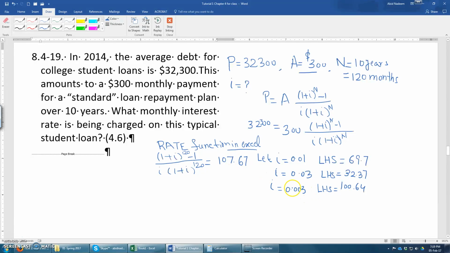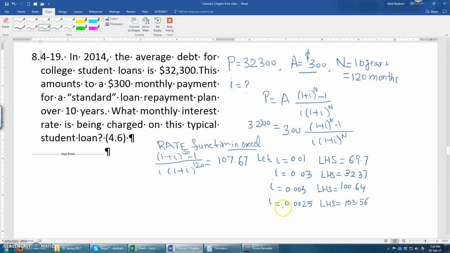So we can say that the interest rate is very nearly equal to this value. Maybe I can assume another value, 0.0025. What is the value of the left hand side? This time the value is 103.56.